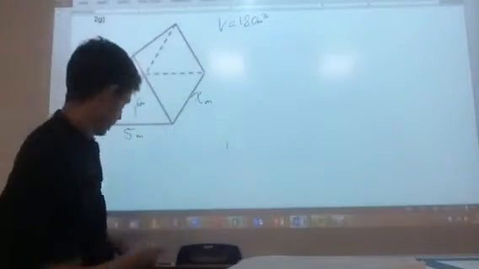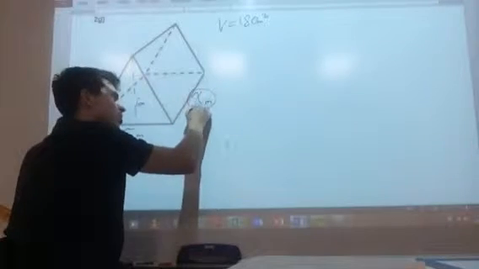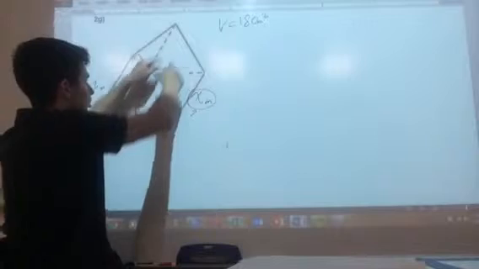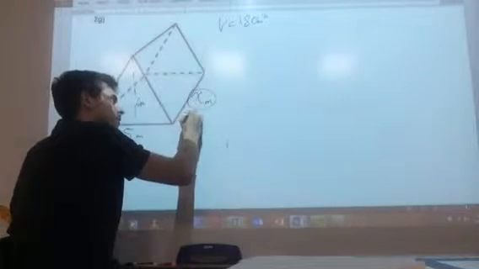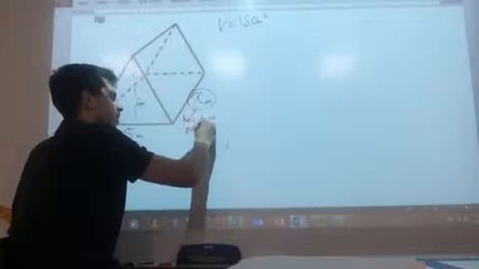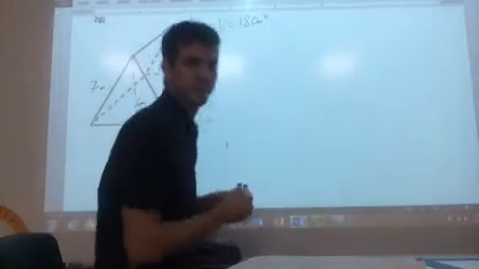And it's asking to solve for x here. If you look at this, here's one base, this triangle, and the other base is right here. So this is the height of the prism.